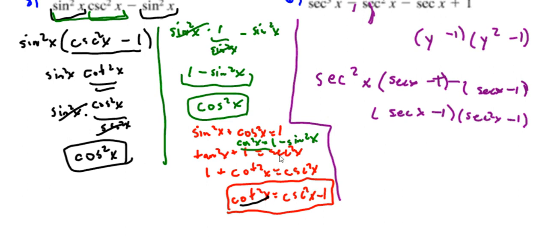So I take the plus 1 straight to the other side, and that equals tangent squared. So I'm going to replace that with tangent squared of x, multiplied by secant of x minus 1.